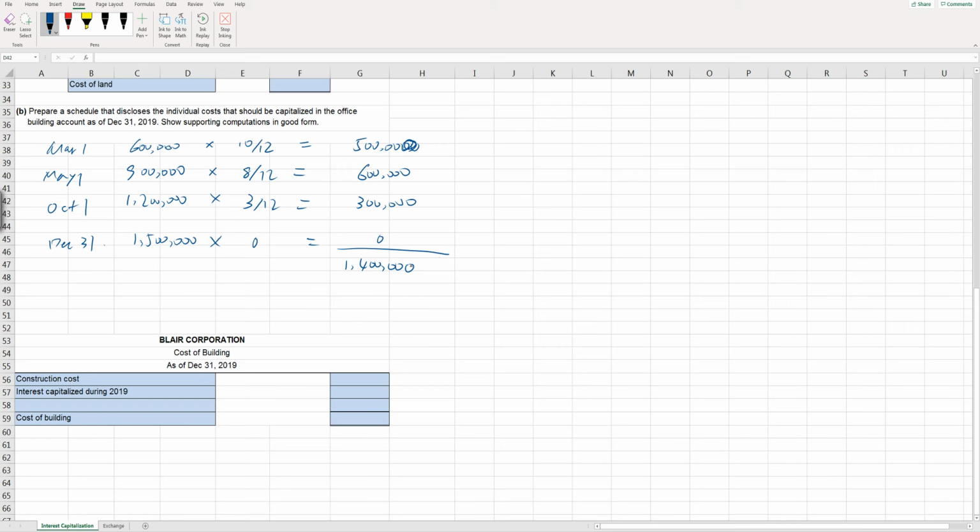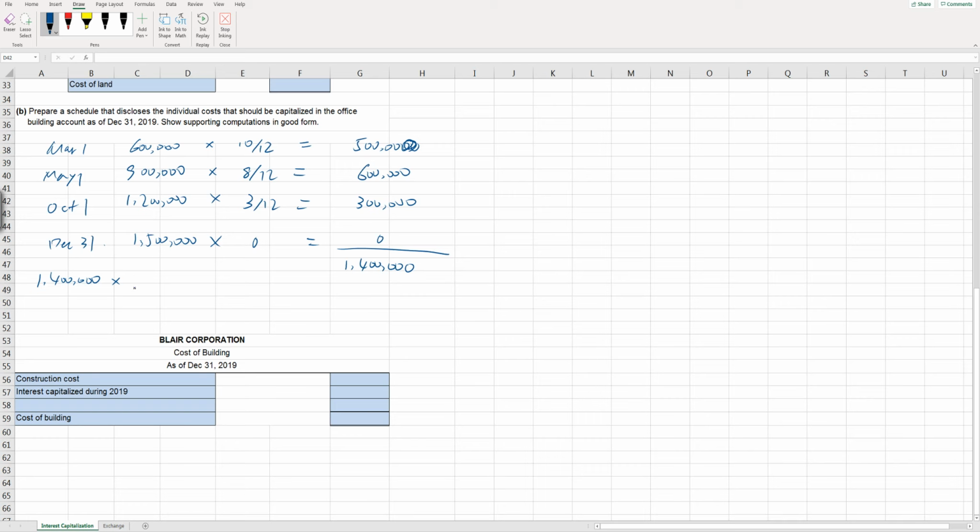And from this number, we're going to calculate avoidable interest for the year. We're going to apply, because we borrowed money to construct, right? So we're going to find the cost of borrowings. We're going to apply the interest rate onto this weighted average expenditure.